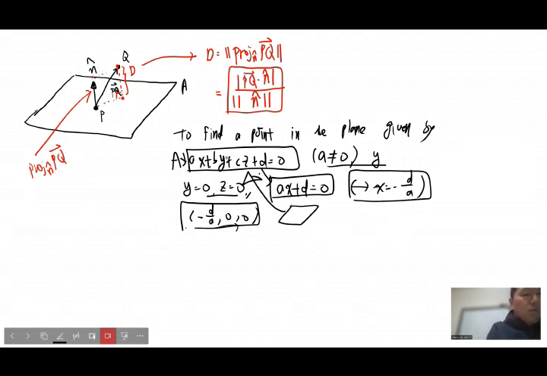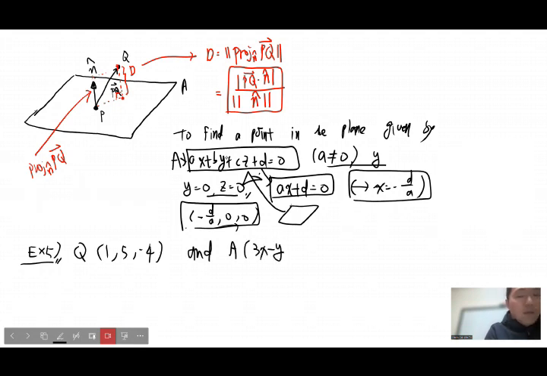Let me go with this definition using an example problem. Let's find the distance between Q(1, 5, -4) and the plane A: 3x - y + 2z = 6.